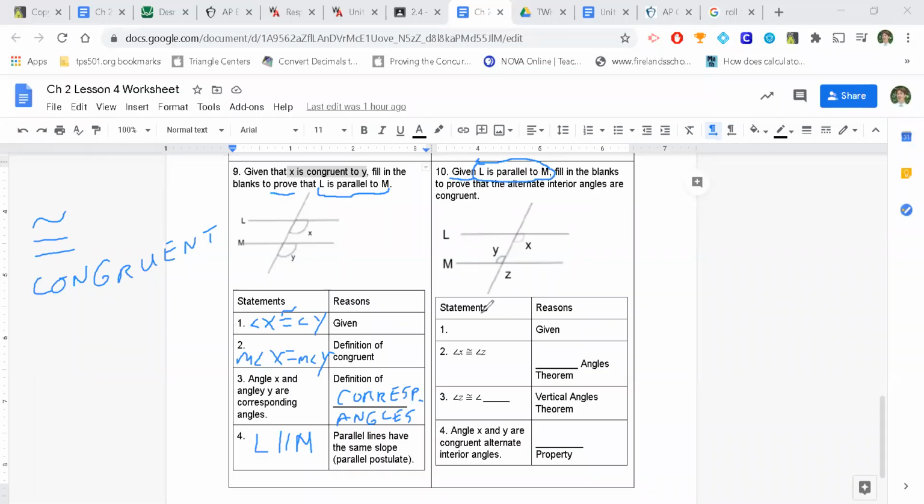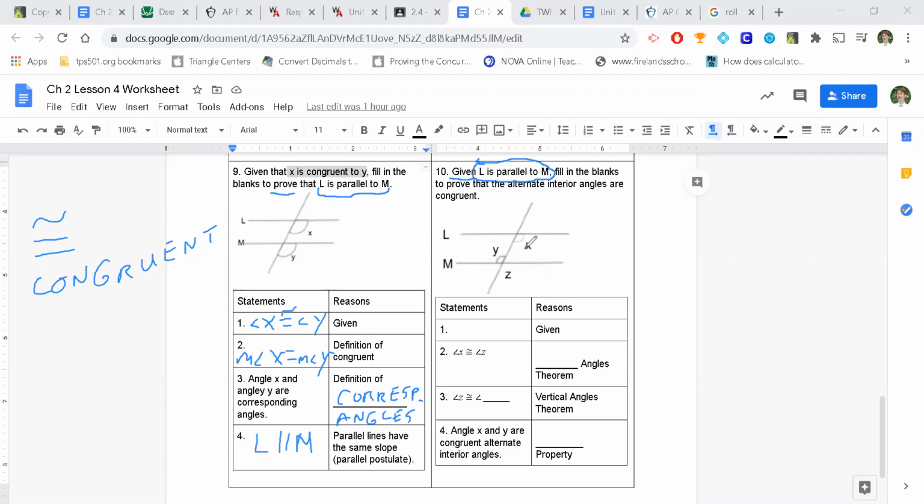All right, I'm supposed to, given that, fill in the blanks to prove that angle X and Y, the alternate interior angles, are congruent. My next line says that X is congruent to Z because of the what angles theorem. What type of angles are X and Z?